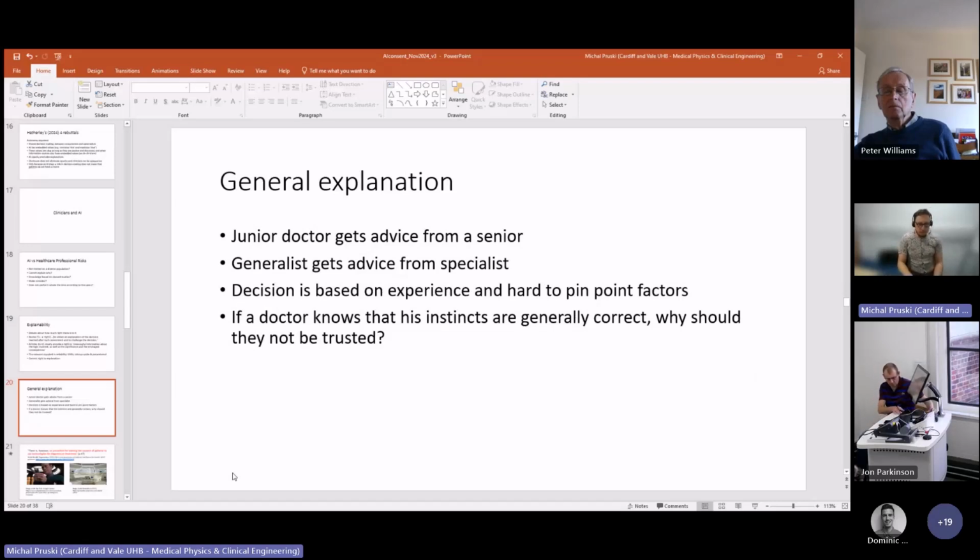And sometimes people make decisions based on experience or on hunches that they have. But if you know that your instincts are generally correct, even if you can't exactly figure out why they are correct, it doesn't mean that you necessarily shouldn't trust them. That obviously doesn't mean that we shouldn't be skeptical about these things at all. But it's not a reason to dismiss them.